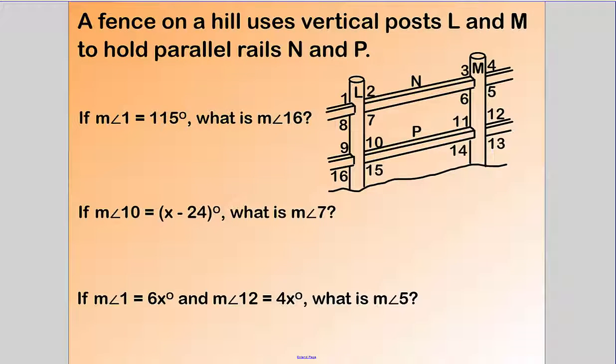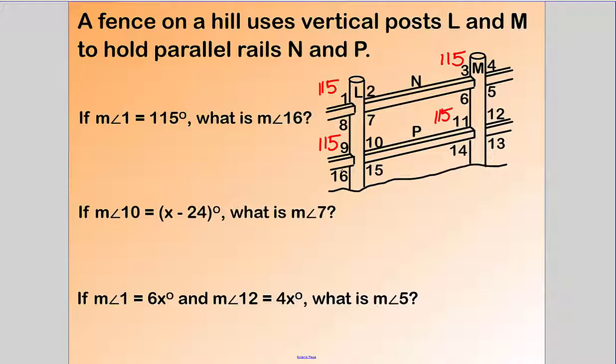This next one is a little bit more complicated, but I'm sure you can understand that these posts, L and M, would have to be parallel, and N and P, the rails, would also have to be parallel. So if we know that the measure of angle 1 is 115, I can use corresponding angles throughout this process to fill in at least one measure on each set of 4.